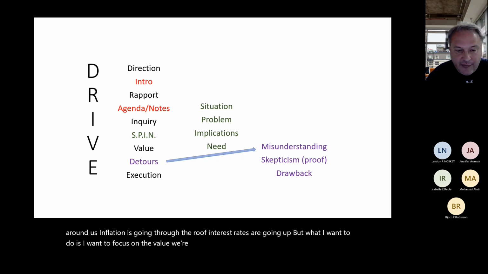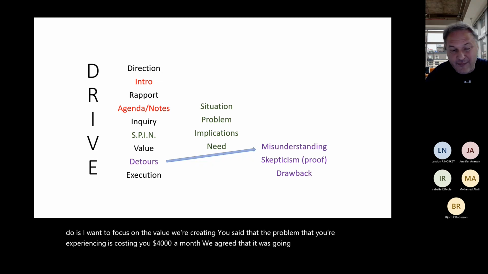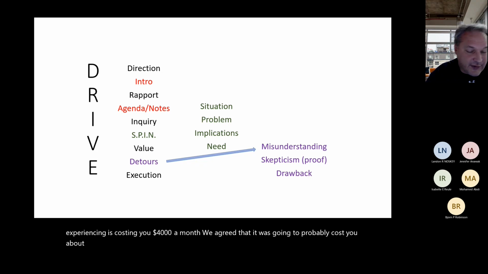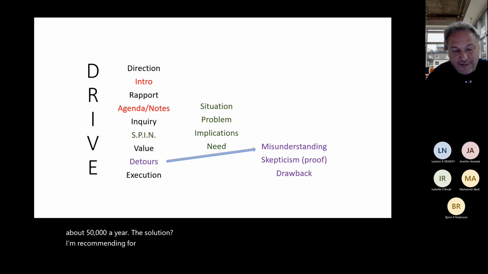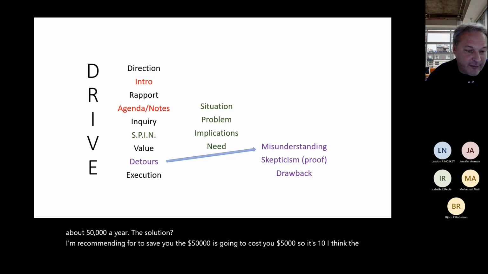You said that the problem you're experiencing is costing you $4,000 a month, and we agreed that it was going to probably cost you about $50,000 a year. The solution I'm recommending to save you the $50,000 is going to cost you $5,000. So it's 10%. I think the solution will pay for itself in a month and a half.